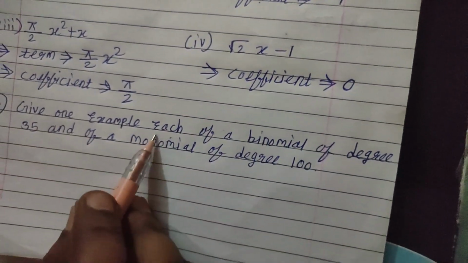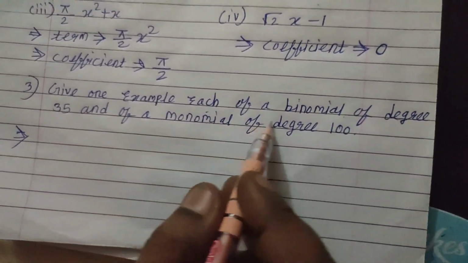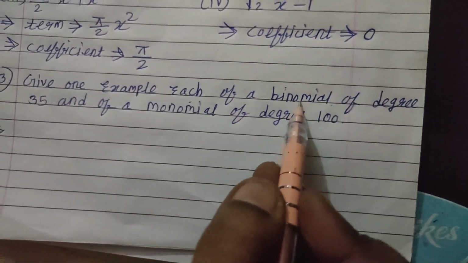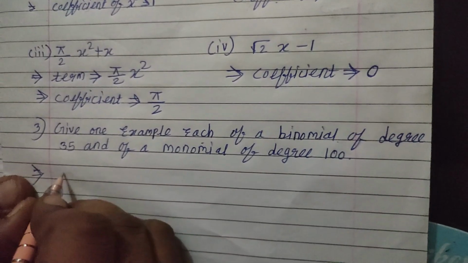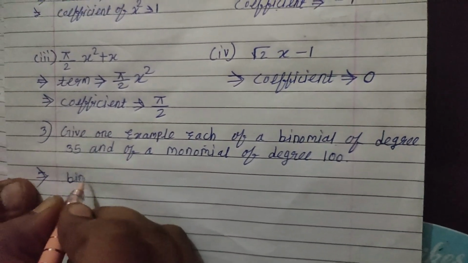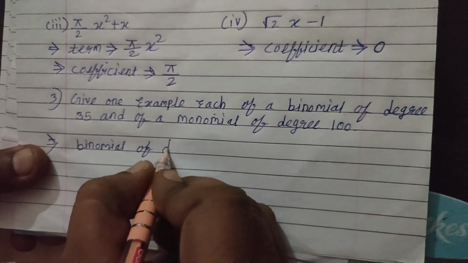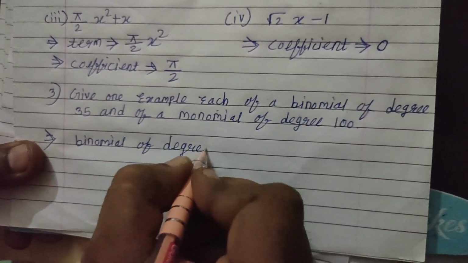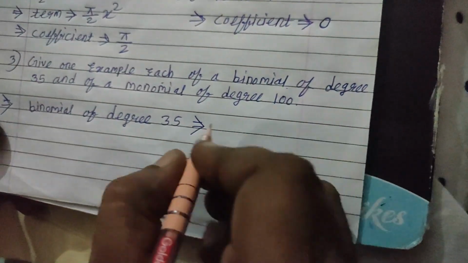Now you have to give one example each of a binomial of degree 35 and a monomial of degree 100. Binomial means two terms and the degree should be 35. Degree means highest power, 35. You can take many examples in this.